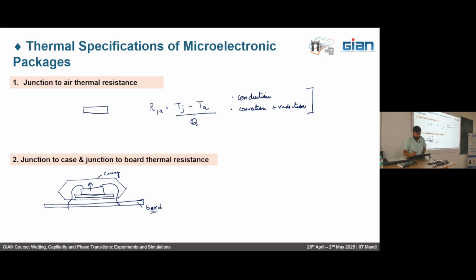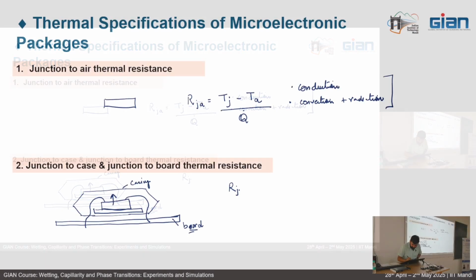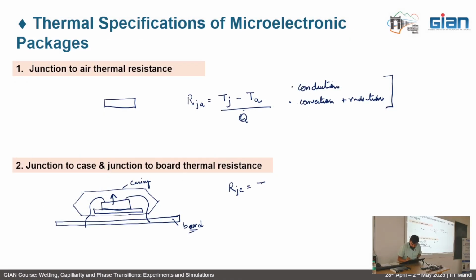When we define junction to case thermal resistance, we define it as RJC is equal to temperature of junction minus temperature of casing upon heat transfer that has occurred from junction to case.